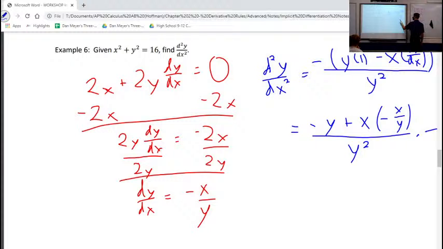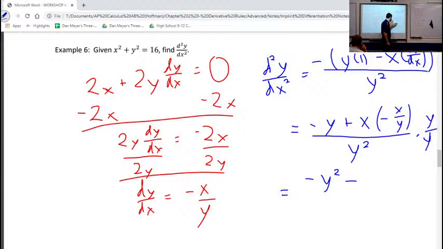This y on the bottom here is what I want to get rid of, so that's what I want to end up canceling. So I'm going to multiply by y on top and bottom. Negative y times y is y squared, minus x times x is x squared.